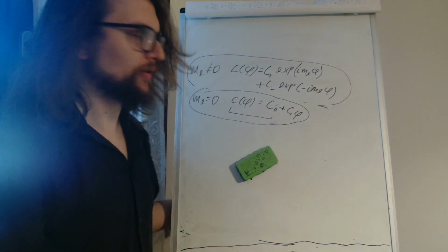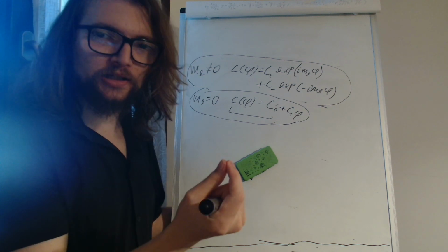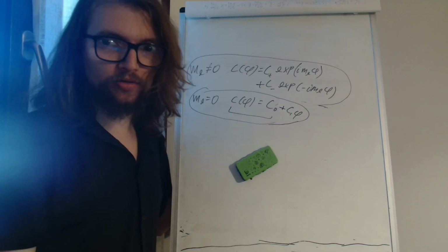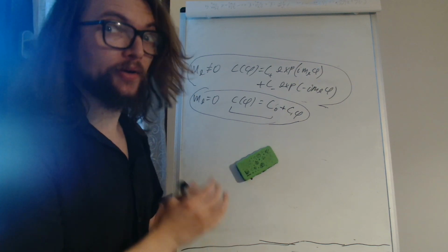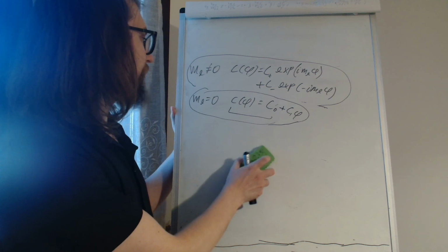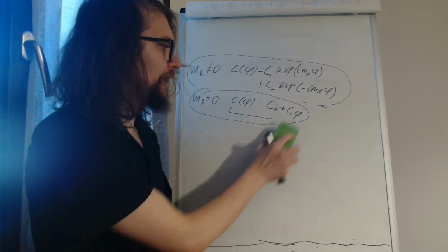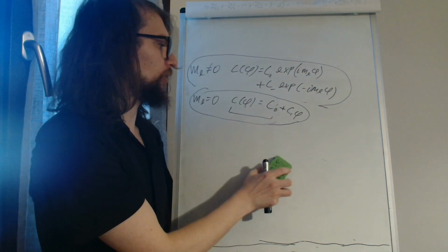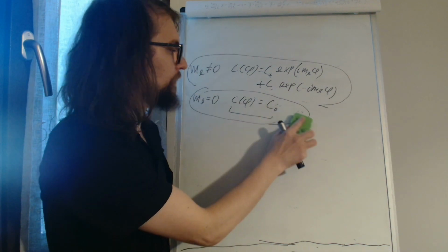But how can I get different results if I am exactly in the same point? So I can only accept solutions which are also periodic of 2 pi. So, for example, in this case, I can't have this term with phi, I can only have the constant term, because the constant term is trivially periodic.